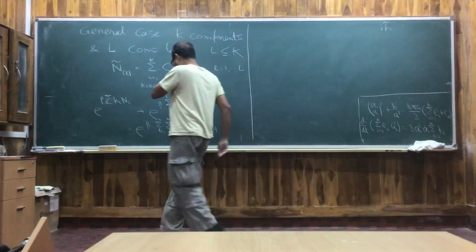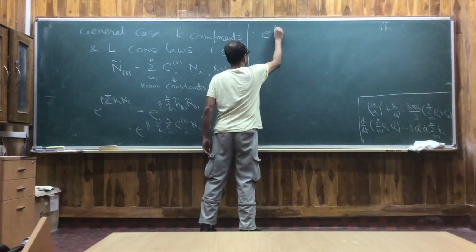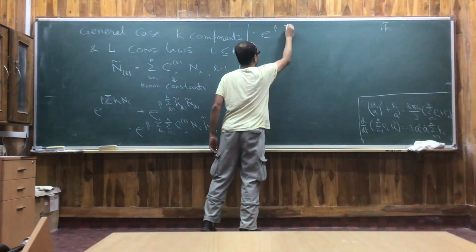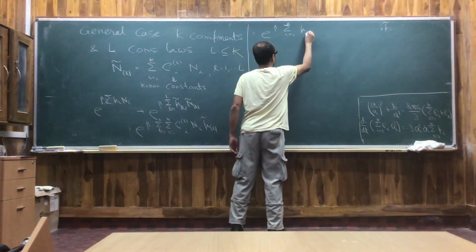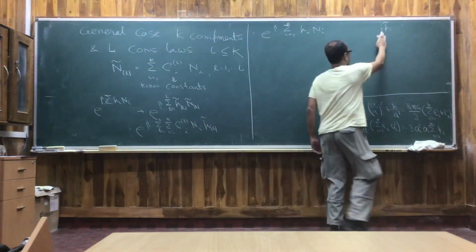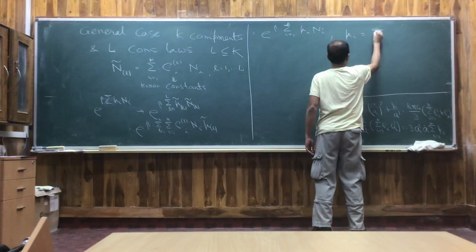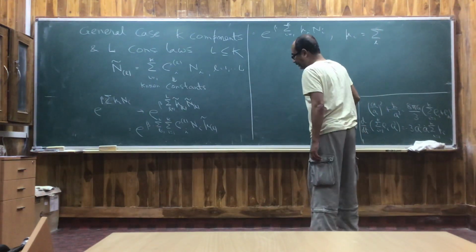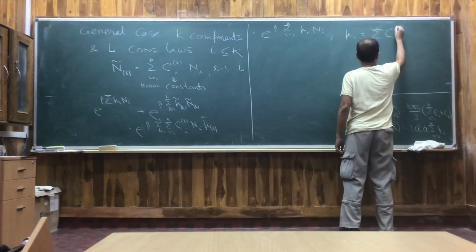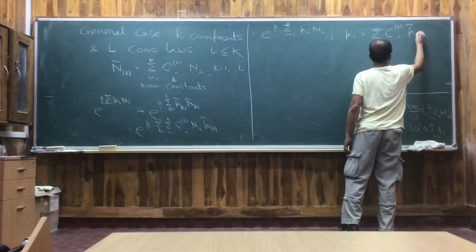So this I can write as e to the power beta sum over I equal to 1 to K mu I Ni, where mu I is sum over L C L I mu tilde L. Okay, just rearrange the sum a little bit.